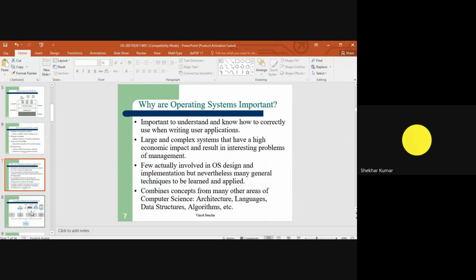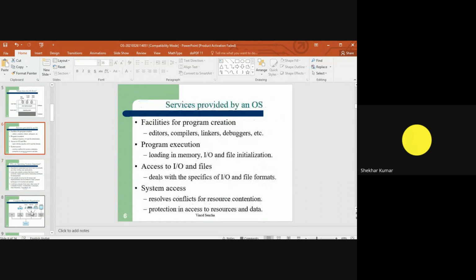Another is memory management. If you want to allocate memory to a program, to a process, or if you have allocated that memory to the program and after the successful execution you want to deallocate the memory space of the program, there is a requirement of the operating system.